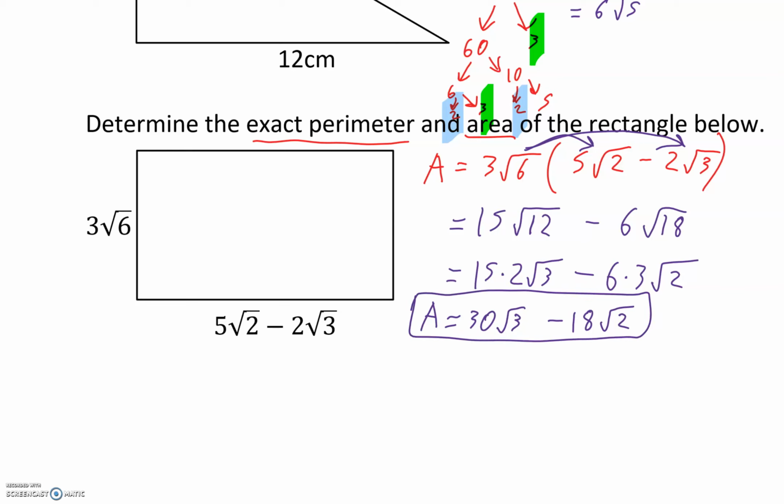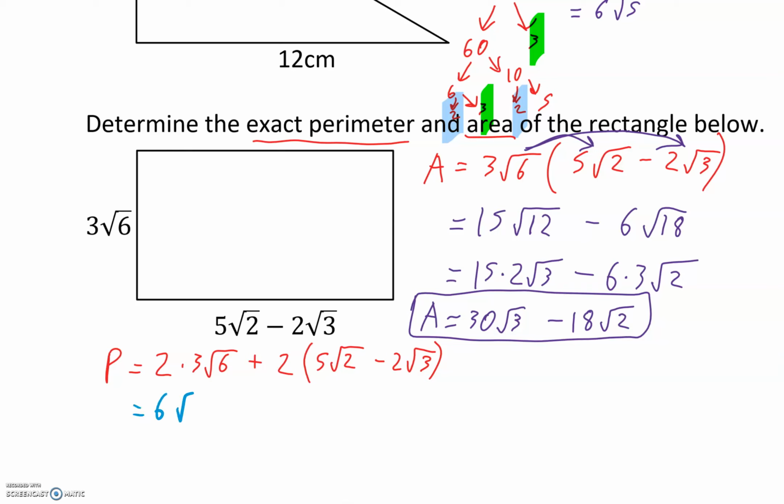Okay, and what about our perimeter? Well, perimeter is just adding up all the sides together. So 2 times the one side plus 2 times the other side. All right, so what we're going to do here is start simplifying.